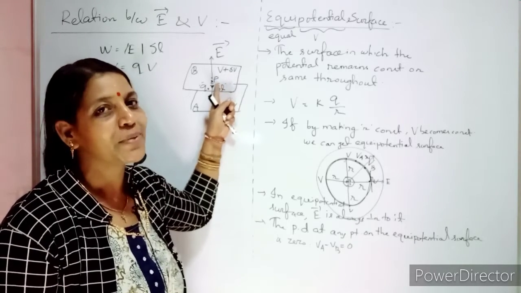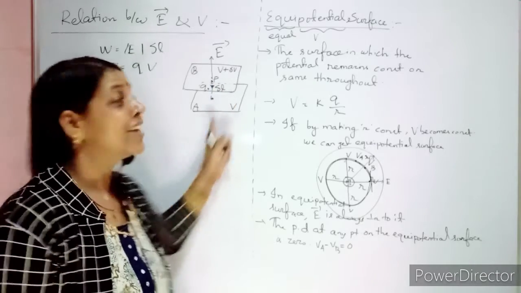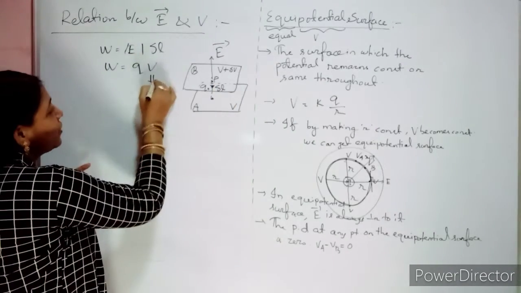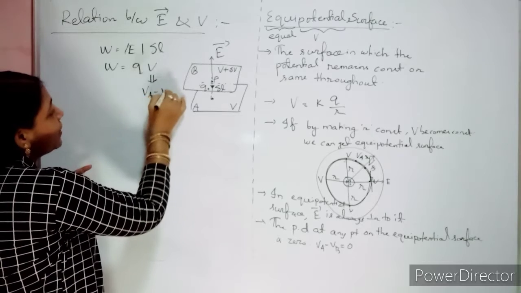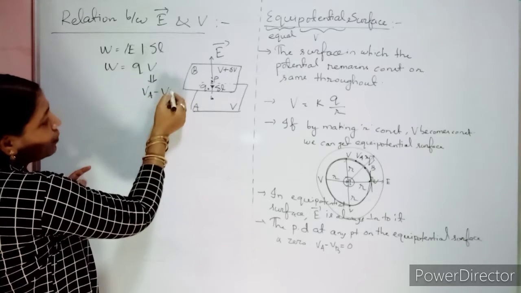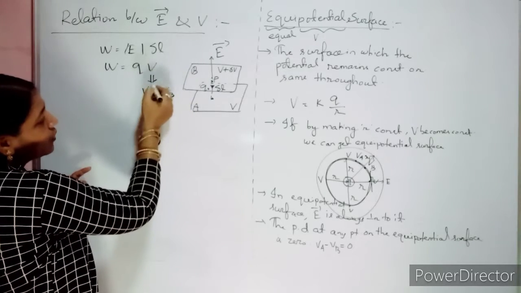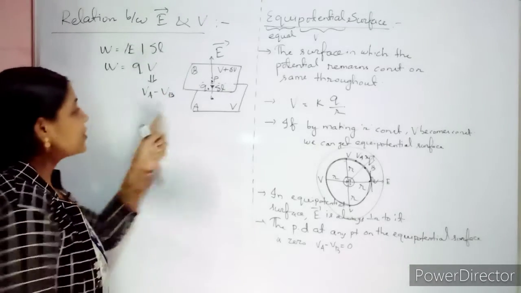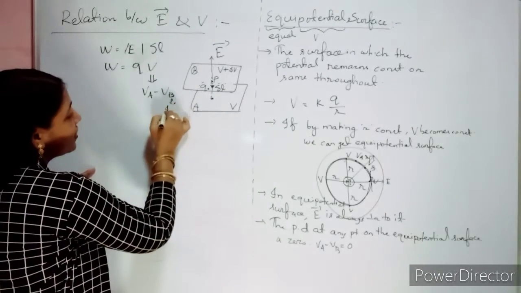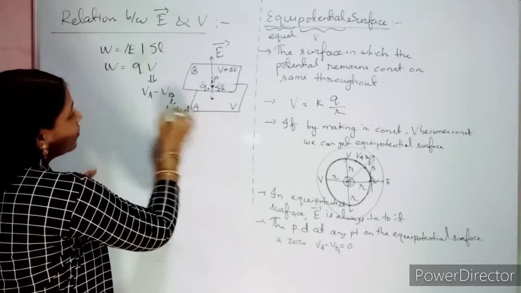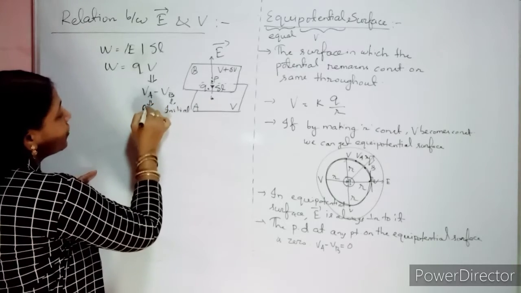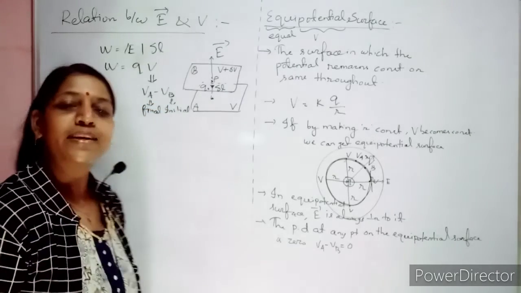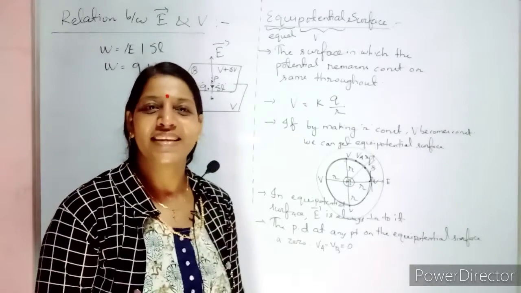You start from B and end at A, so it is VA minus VB, because you are bringing it from B to A. B is the initial, and A is the final.